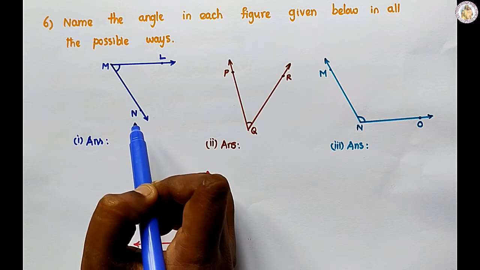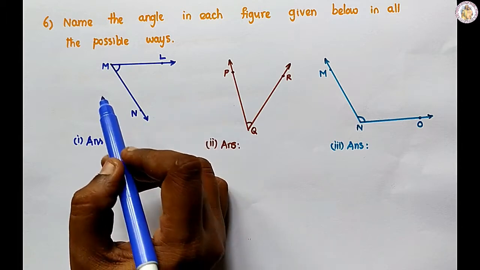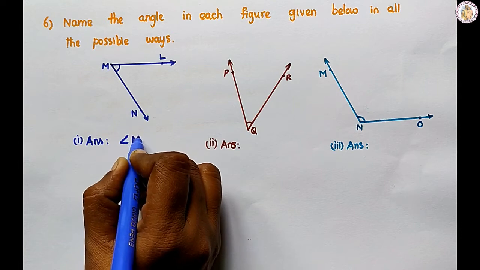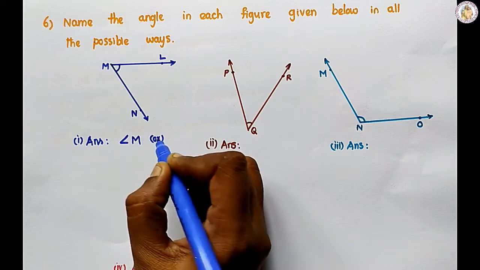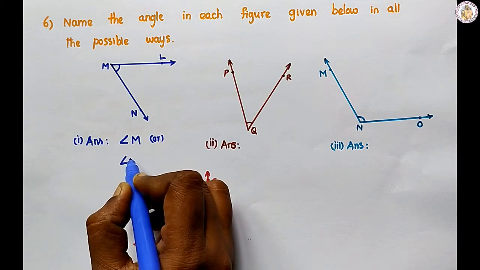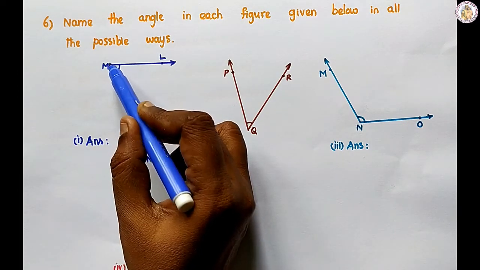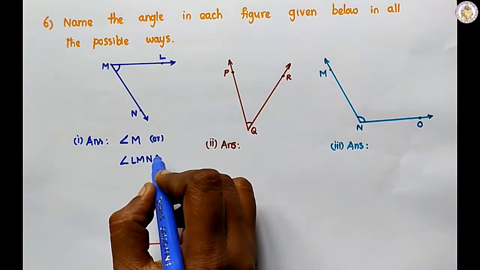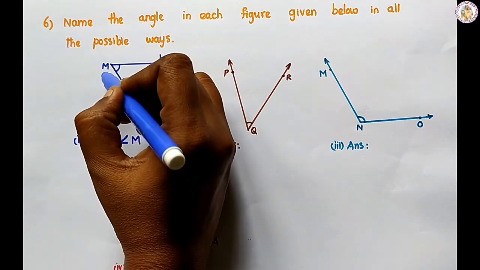L, M, N or N, M, L or angle M. We say that angle M or angle L, M, N. Listen the starting point, that vertex is in middle.